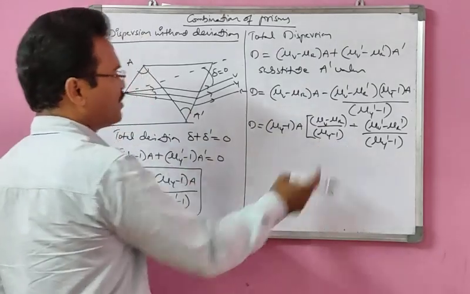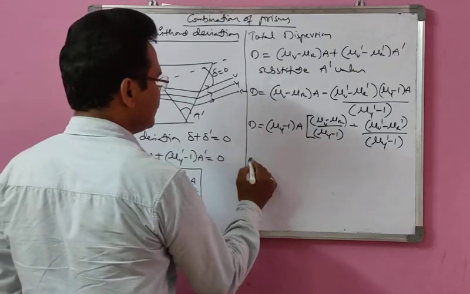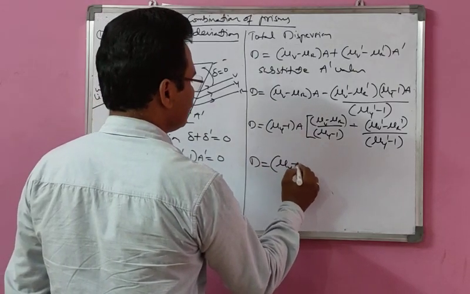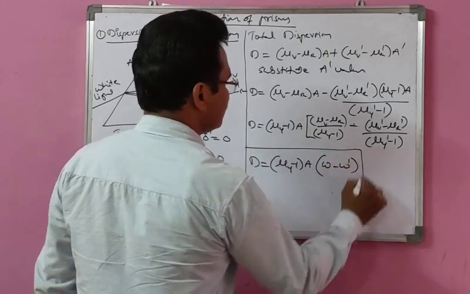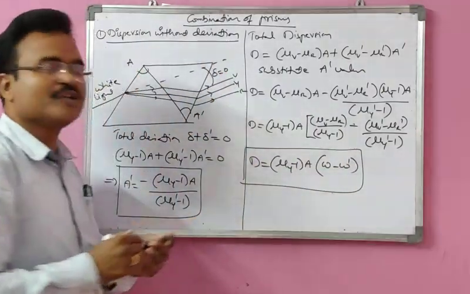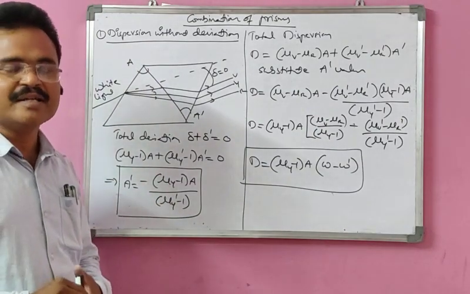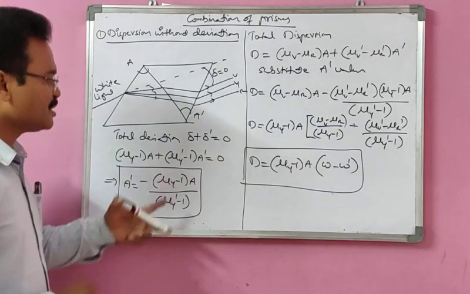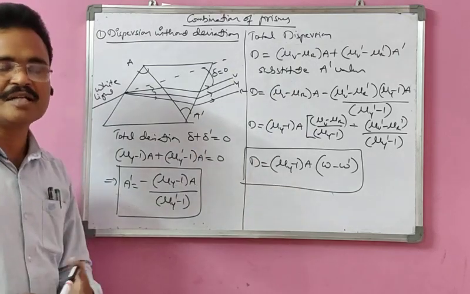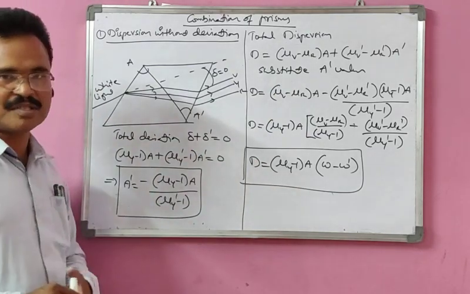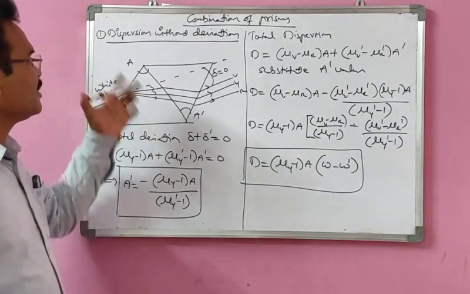This is the dispersive power of the first prism and this is the dispersive power of the second prism. Therefore, D equals mu y minus 1 of A times omega minus omega dash. So this is the total dispersion produced by two prisms when they are placed like this without any deviation. This is the condition for no deviation and this is the expression for total dispersion produced by the two prisms.